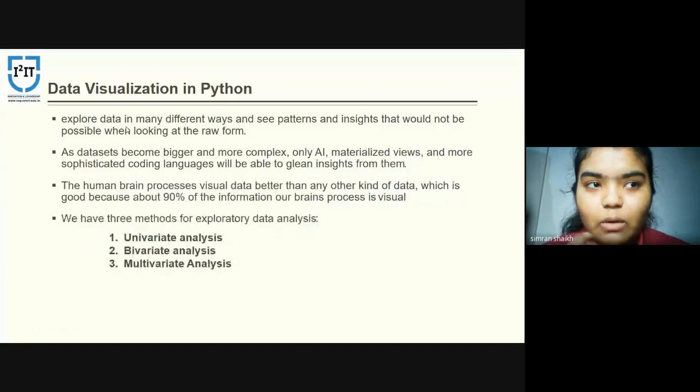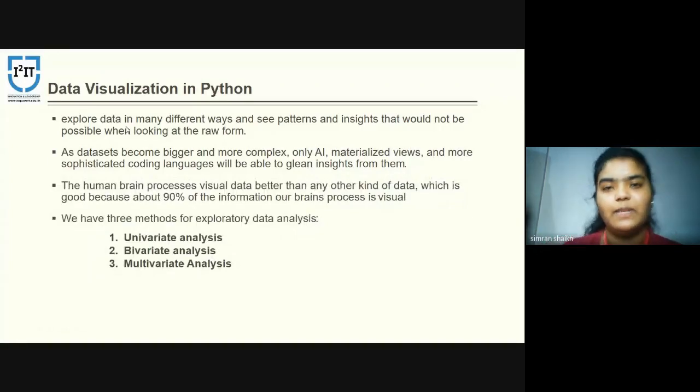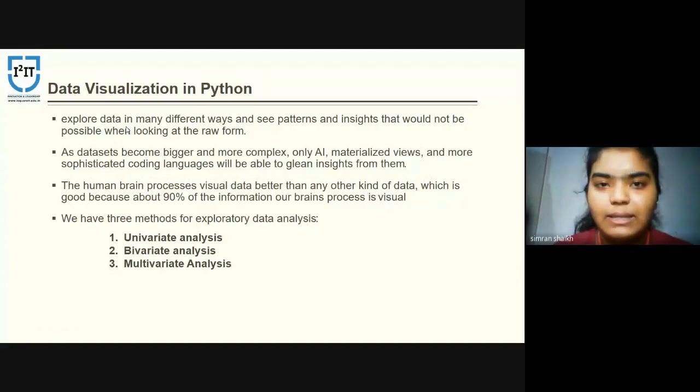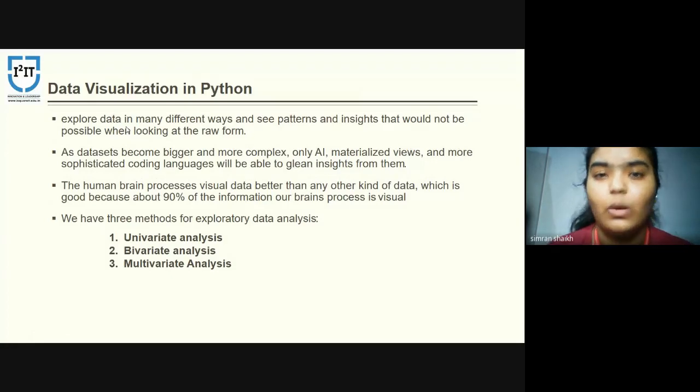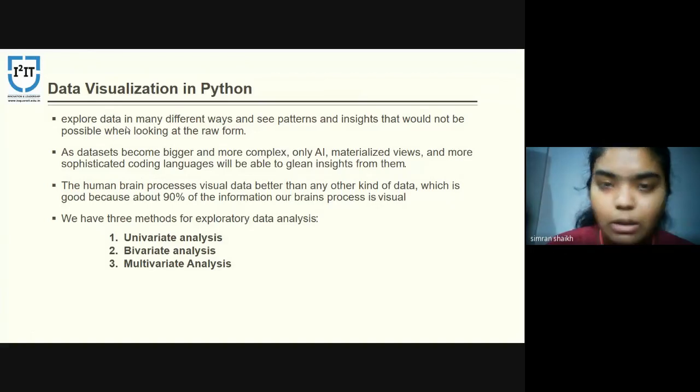When you get raw data, you cannot see that much specifically, or make an easy differentiation between the data just by seeing the columns and rows. So data visualization gives you many different ways to see the patterns and insights, and in what possible way you can form your raw data.